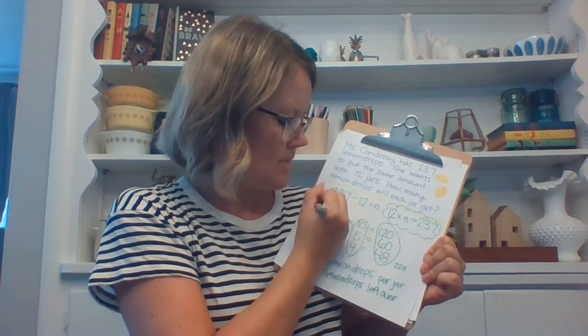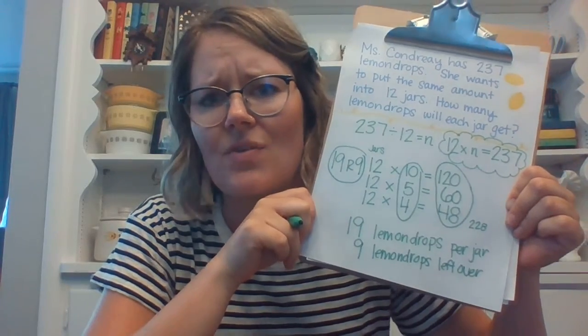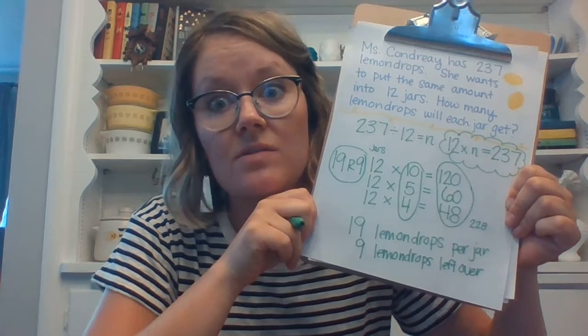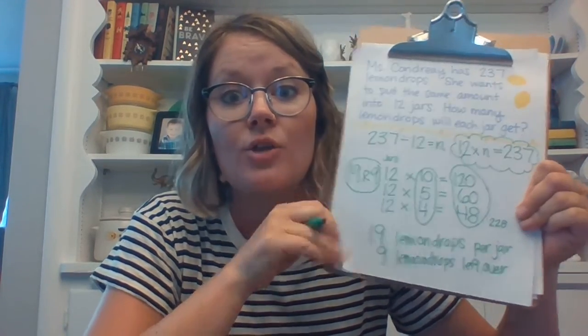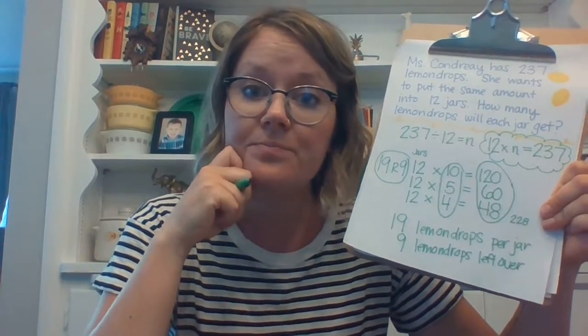Lemon drops we can't really split evenly so that we could share them among the other jars, but sometimes, like if you're dealing with cookies or crackers or other types of food that can be divided up, you might divide them into fractional amounts and share them equally.